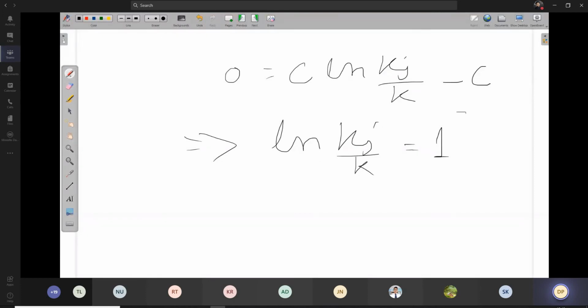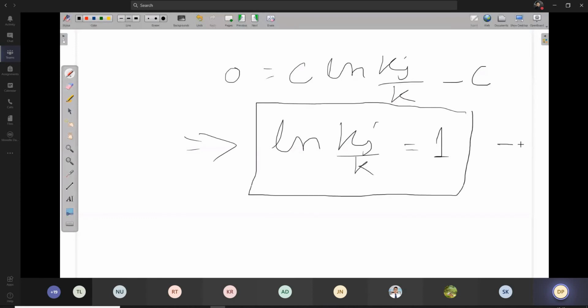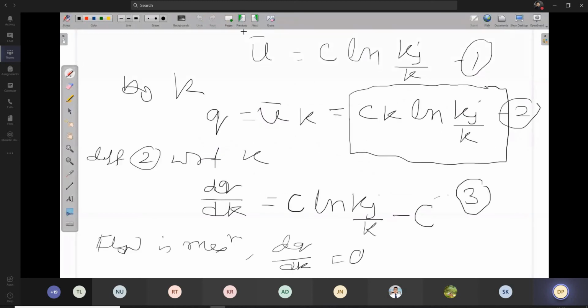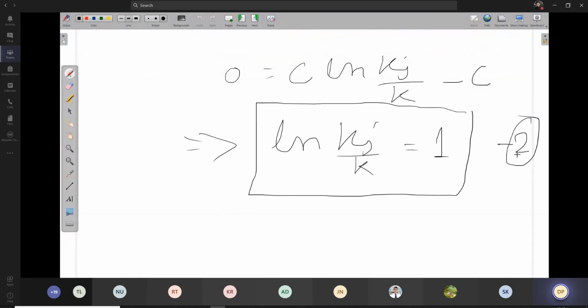We got this value, right? Now let us say this is equation number 4, since I think earlier I have given equation numbers up to 3.